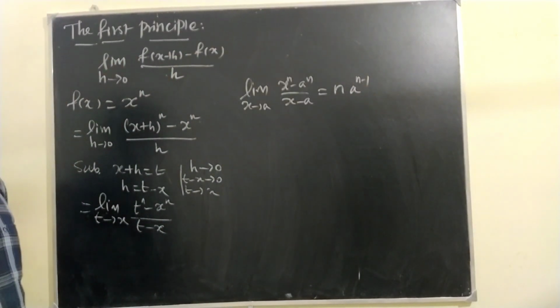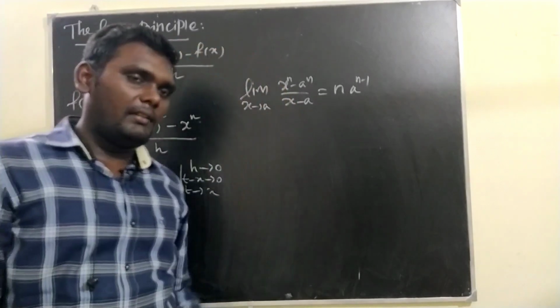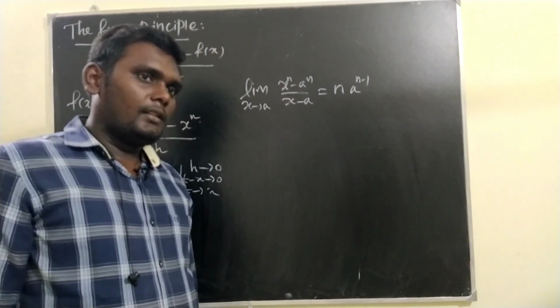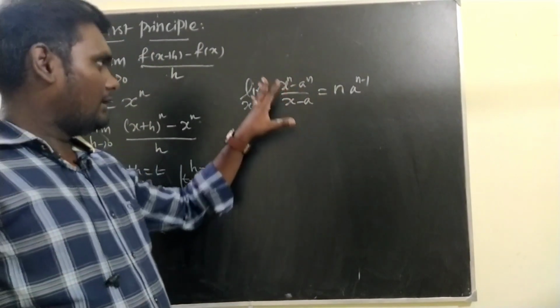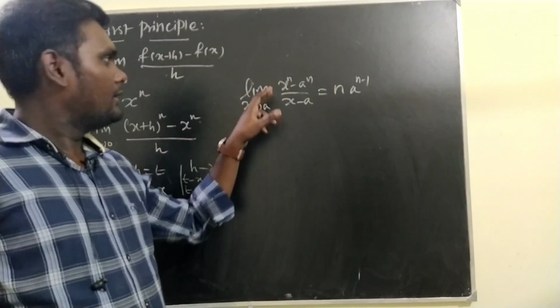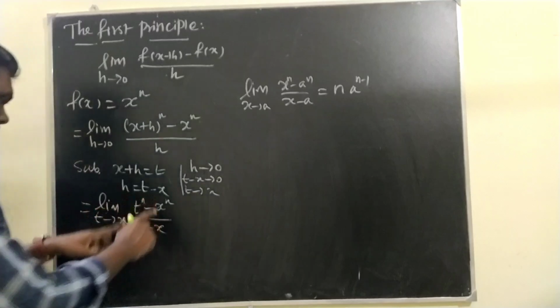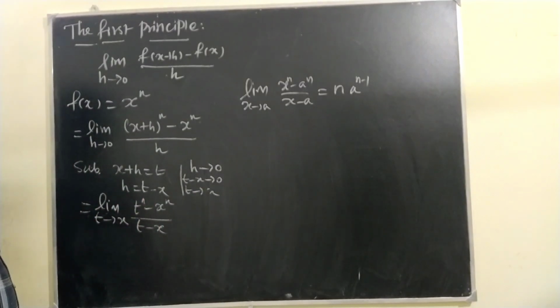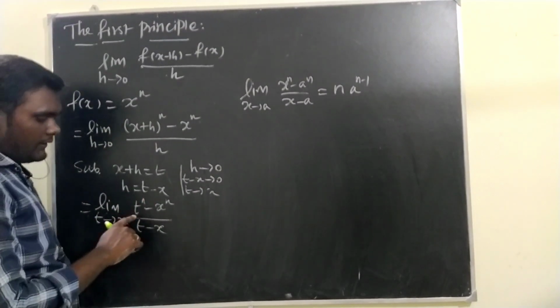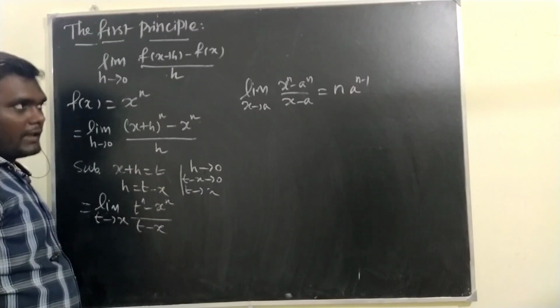Remember, in the previous chapter on limits, there is a formula like this. This goes to that one, and this structure exists. Likewise, in place of t we have x.